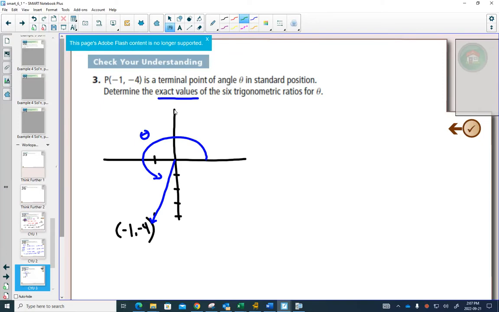The place where we want to draw a triangle to relate it to the trigonometry that we know will be to take this back to the x-axis, and draw this triangle right here. Why is it important that we go back to the x-axis? That will make that our reference.